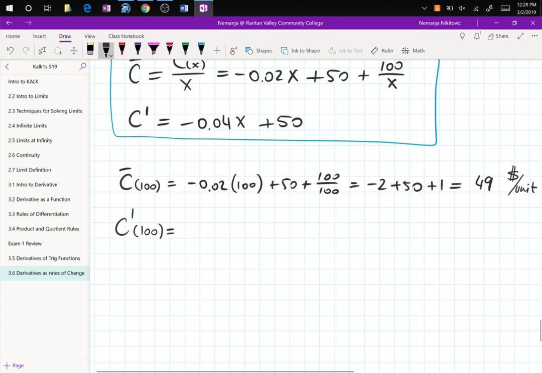You just made one. Does it make sense? So the first item is the most expensive item, and then as you keep going, the cost goes down for every next item. So it's negative 0.04 times 100 plus 50. That's negative 4 plus 50 equals 46 dollars per unit.